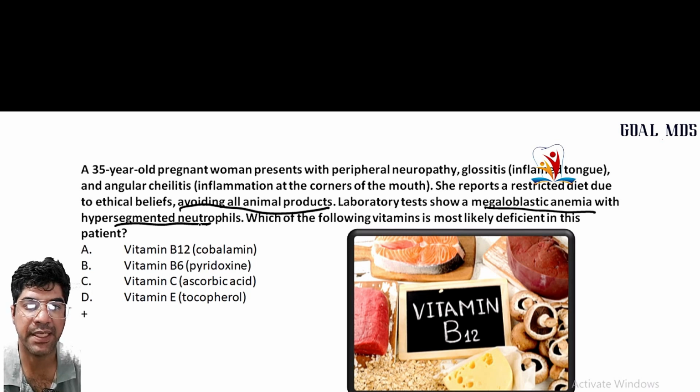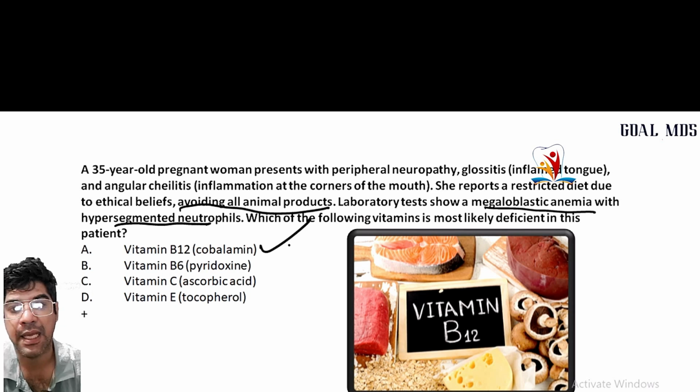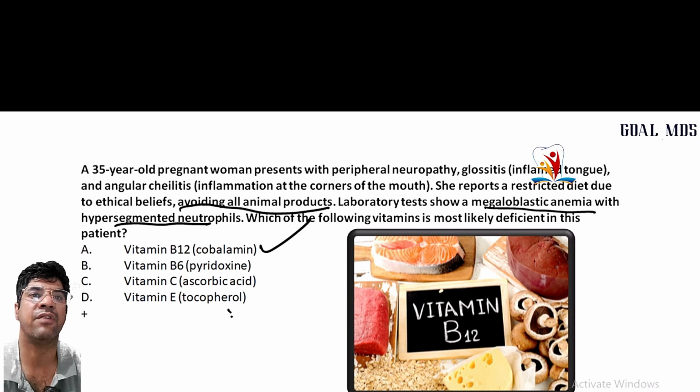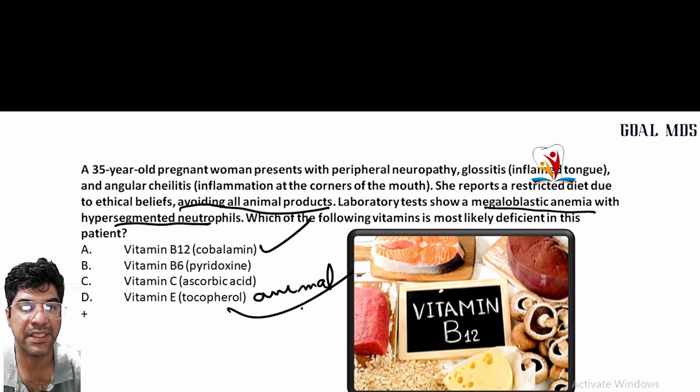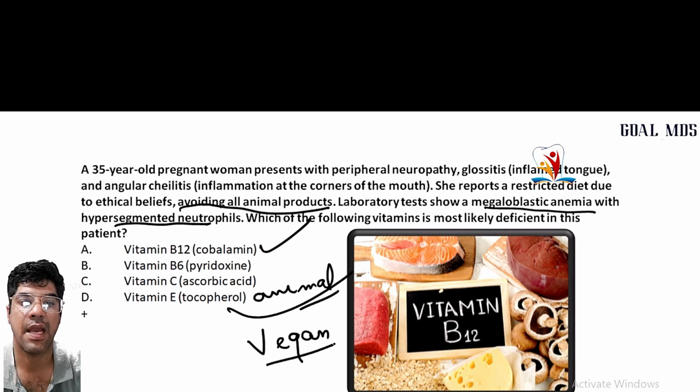The clinical presentation of peripheral neuropathy, glossitis, angular cheilitis, and megaloblastic anemia with hypersegmented neutrophils in a pregnant woman with a restricted diet lacking animal products is highly suggestive of vitamin B12 deficiency. So remember, B12 is found in animal-based food and strict vegetarian diets lack it.